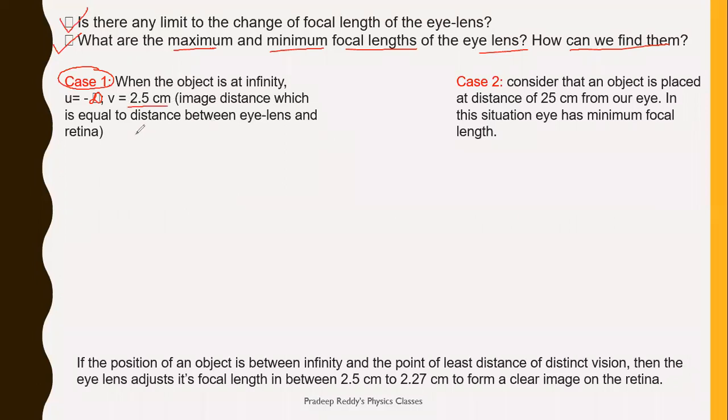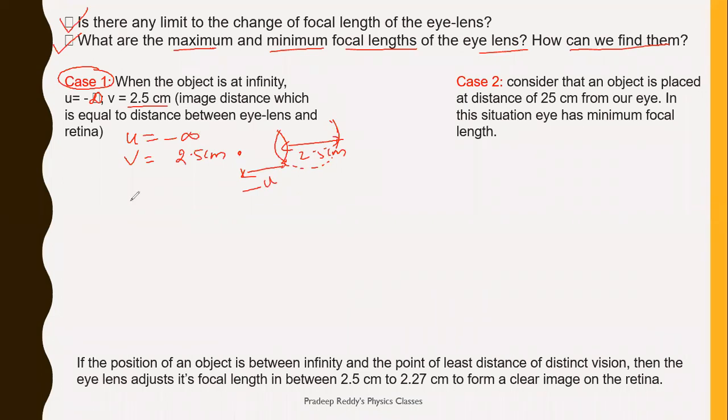Now, u is equal to minus infinity, and v is equal to 2.5 centimeter, because this is the eye lens and here is the retina. The distance between the eye lens and retina is 2.5 centimeter. You are placing an object here, and this object distance should be minus u, which is the reason I am taking minus infinity.